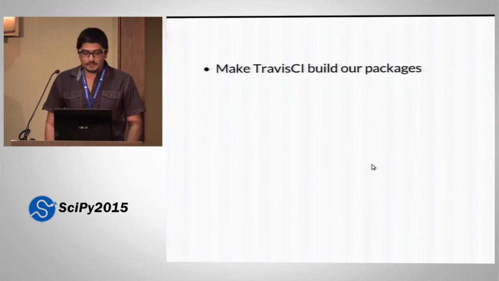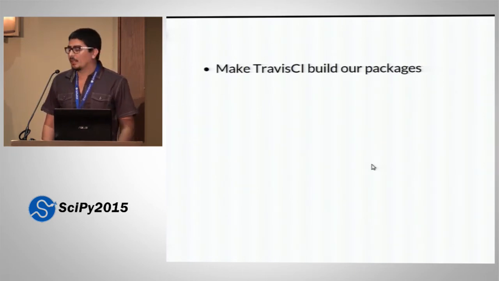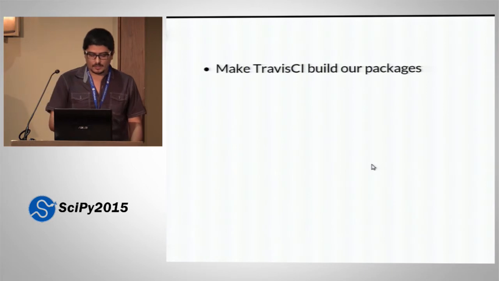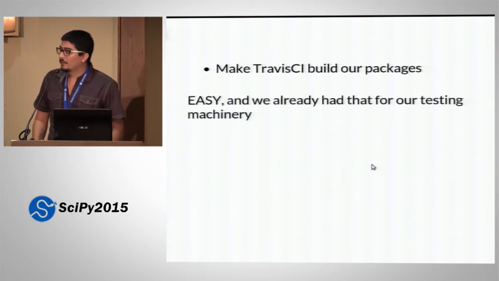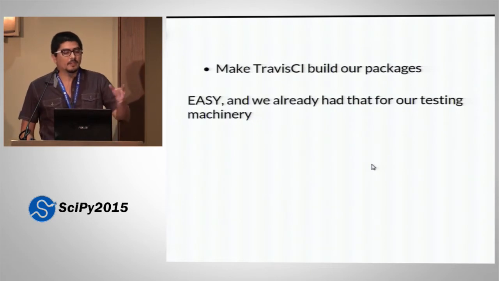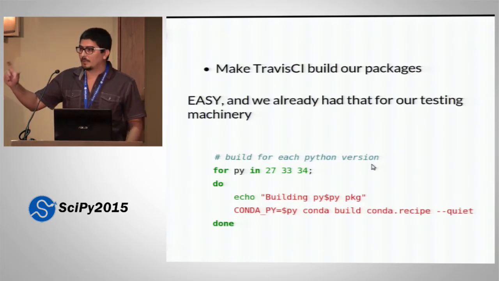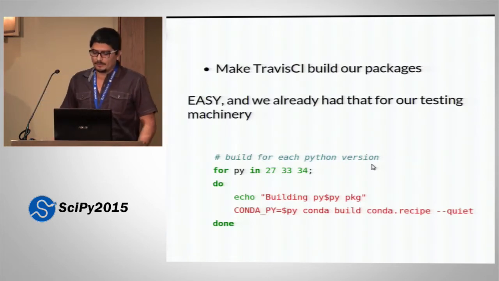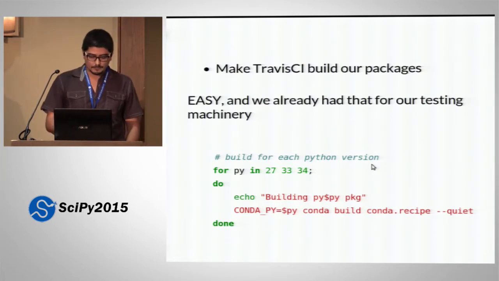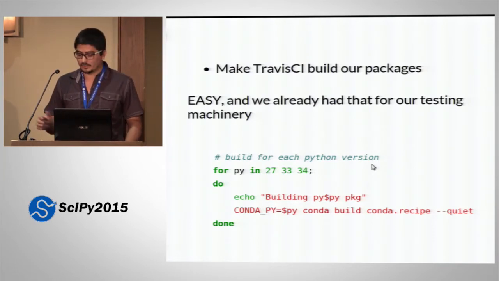So one of the first things we have to do is to make Travis CI build our own packages as we did manually before. And that was relatively easy to do because we already had that for our testing machinery in place. And here is a short snippet of the code to do that. It's really easy to do using conda build.